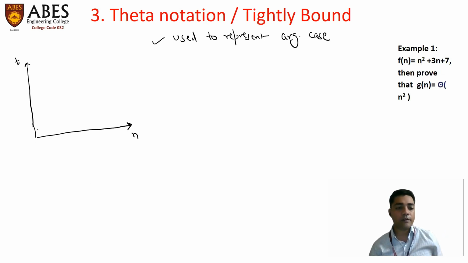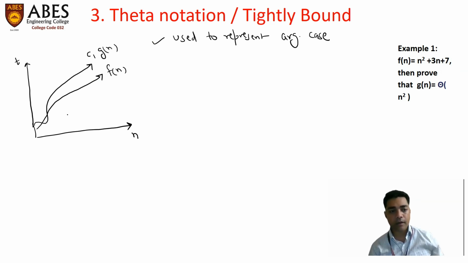So let's say I have this function f(n), and this function needs to be represented in terms of both bounds, or we have to try all the possible solutions. So we take the graph with one line as c1·g(n), which will represent the worst case, and another line in the graph which will represent the best case.